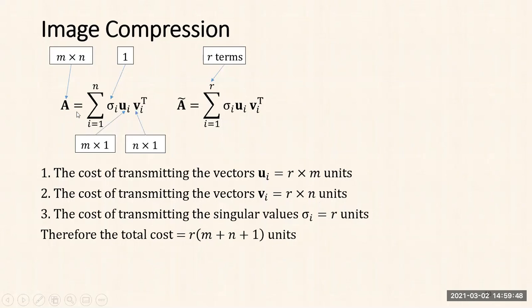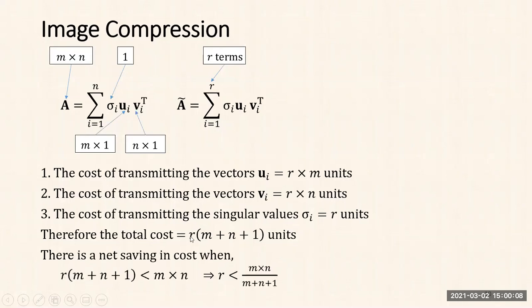So instead of this, which would incur a cost of M by N, if I were to transmit A tilde, I would be incurring this many units of cost. So do I save any? I save when this is less than M by N, or when R is less than MN divided by M plus N plus 1. In fact, if you take a large image, I don't know, 1000 by 500, you'll see that R can be very high.